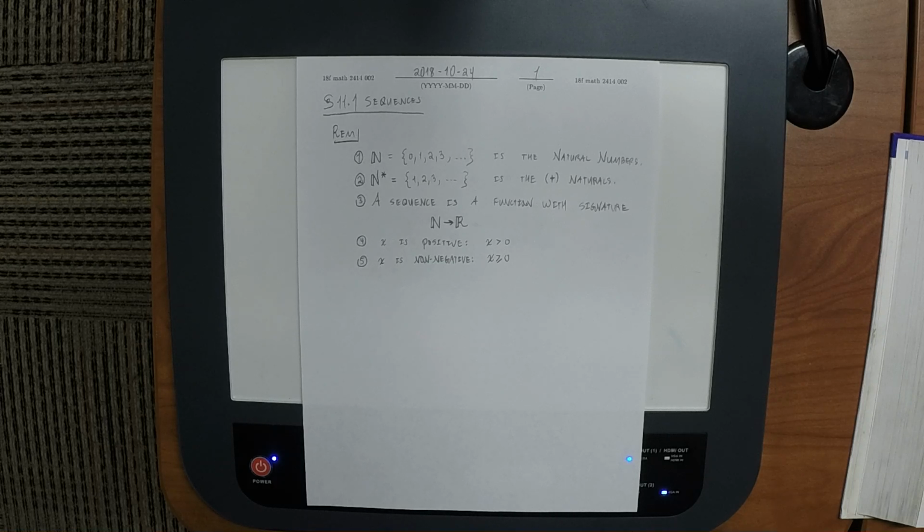It could be constant, like say f of x is 2,414. It always outputs that same number, 2,414. It's horizontal. So that constant function is not increasing, but it is non-decreasing.